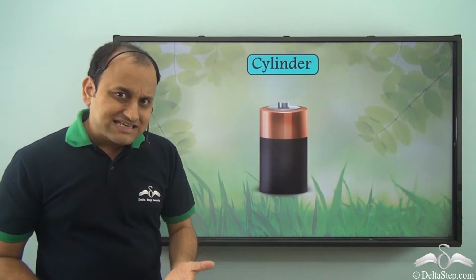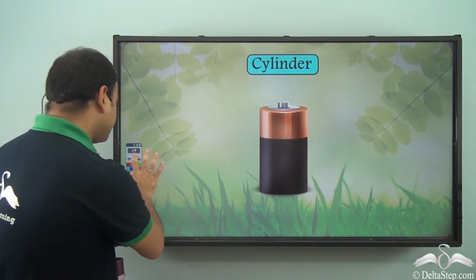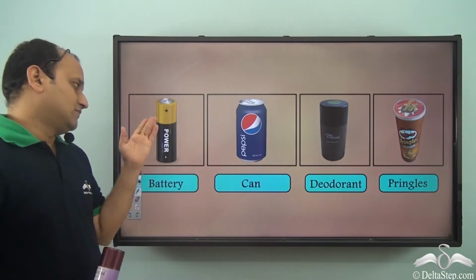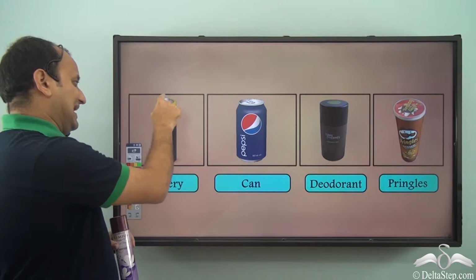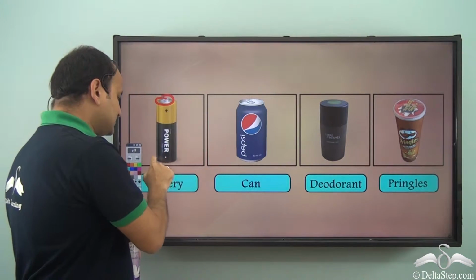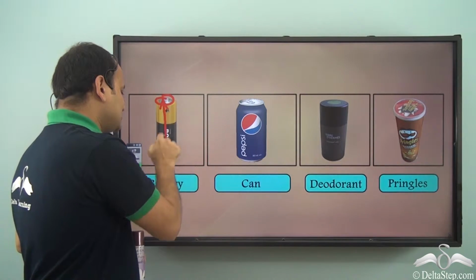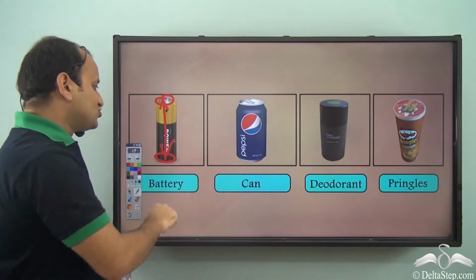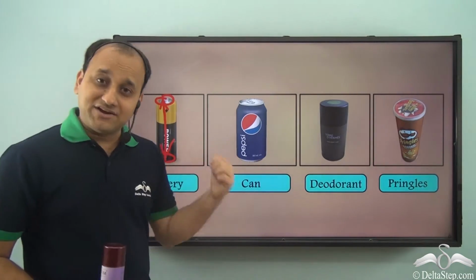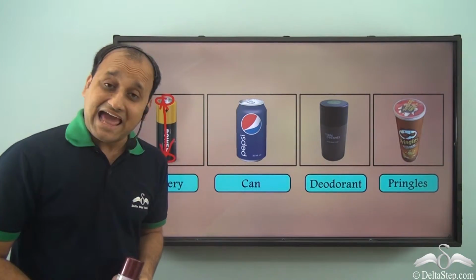Now, where do you see cylindrical shape in daily lives? Well, a battery, it has a cylindrical shape. Two circles and this entire area is stretched and joins these two circles. So battery has a cylindrical shape. What about this can?